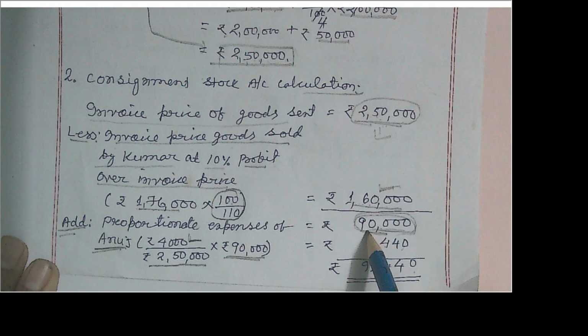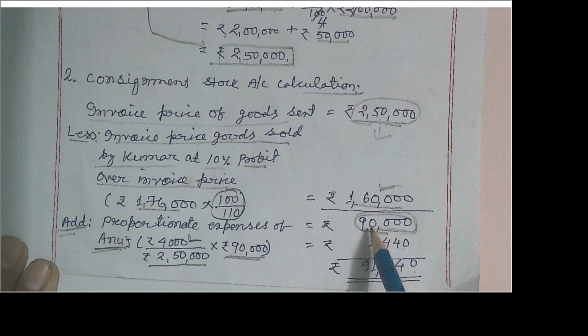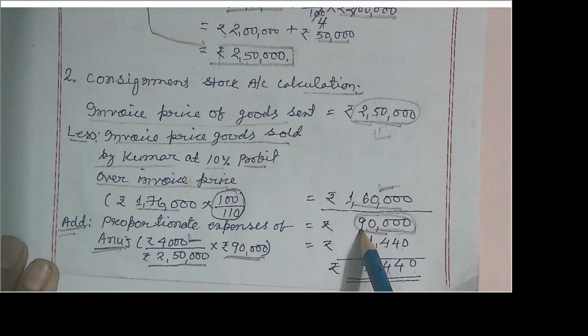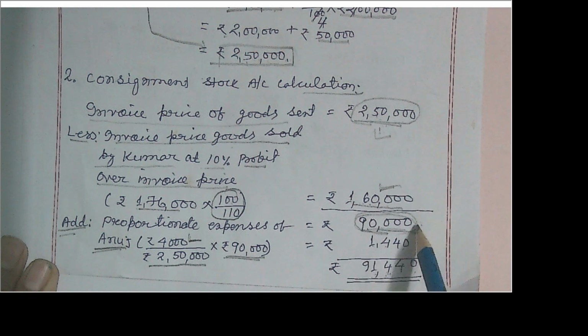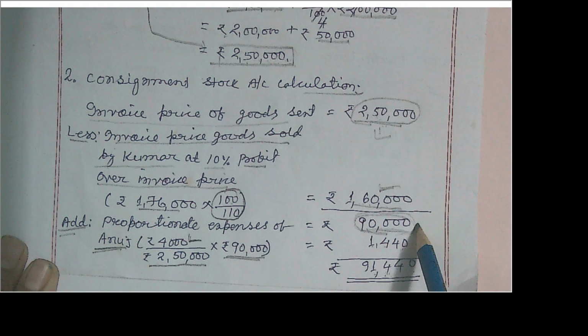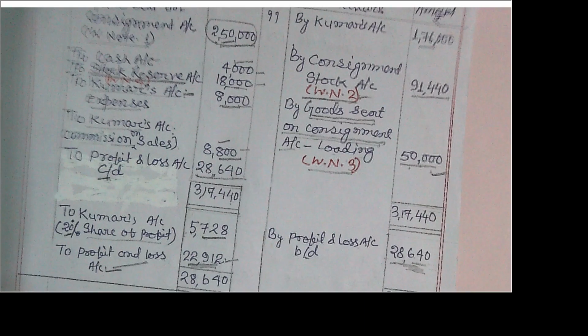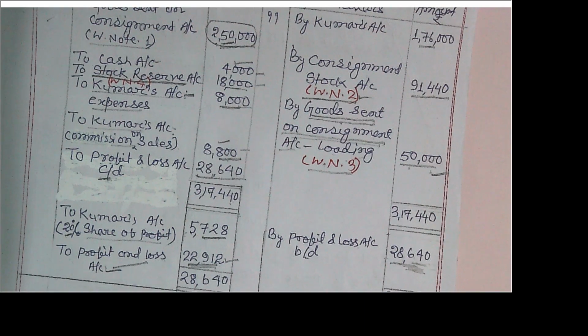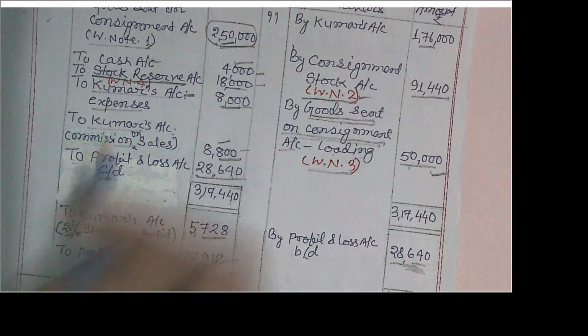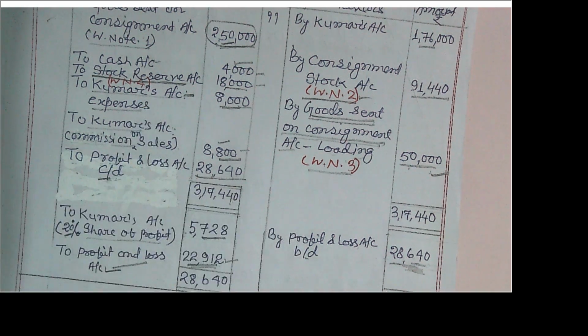So this balance 90,000 also includes 25% extra profit, and it is required to deduct it, that is, we have to show this extra amount in the consignment stock reserve account. This is the stock reserve account, and it is working note number 4.